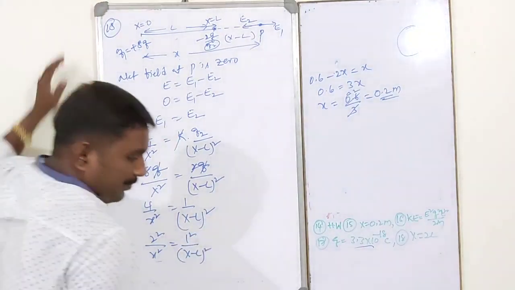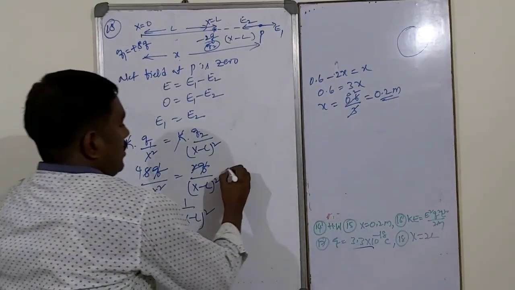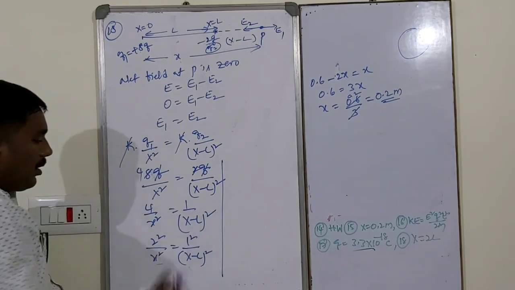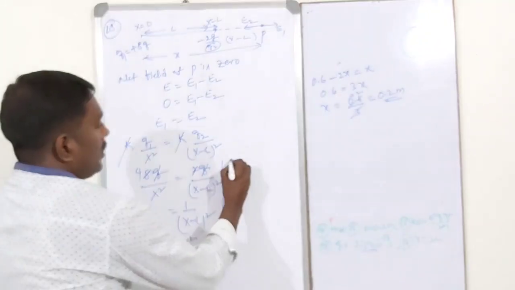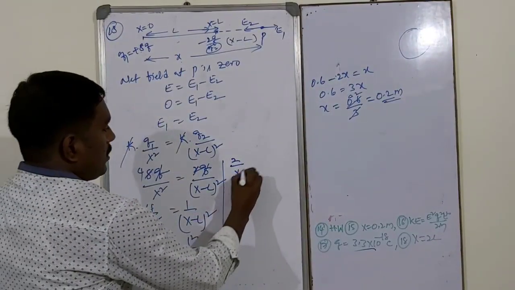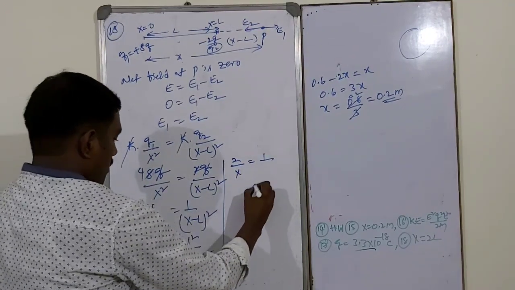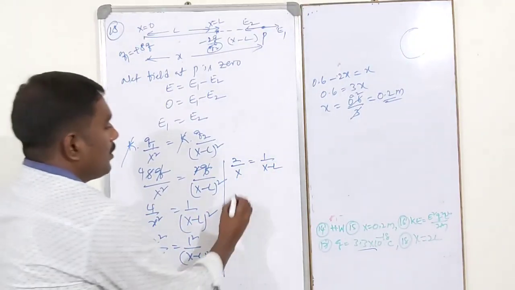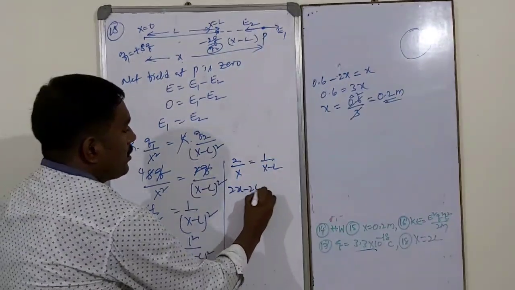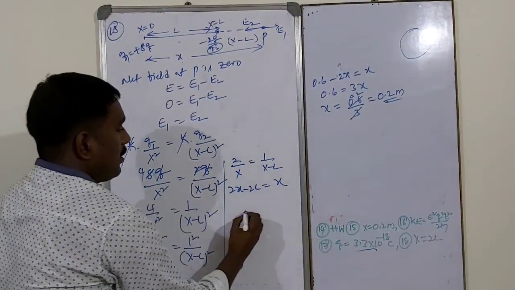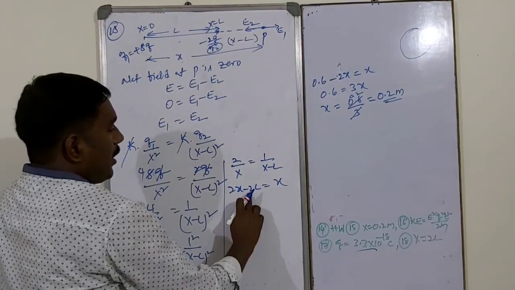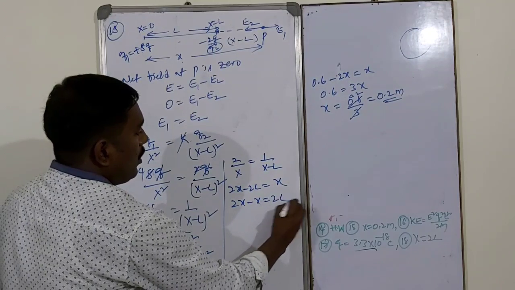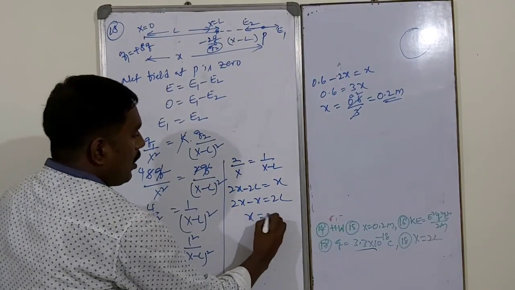Okay. Next, remove all the squares, that is 2 by x is equal to 1 by x minus L. On cross multiplication, 2x minus 2L is equal to x. Bringing x to this side, 2x minus x is equal to 2L. x is equal to 2L.